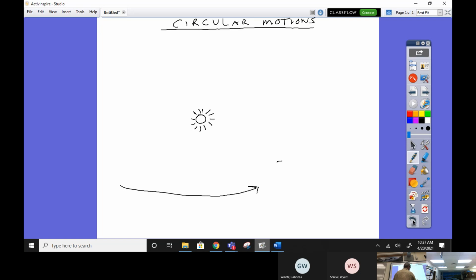And then I'm going to draw the Earth. Leave some space between the arrow and the Earth, okay? Make sure you leave some space because we need to draw something else in there. And then this is going to come around back here and continue. So that's like Earth's orbit, right?